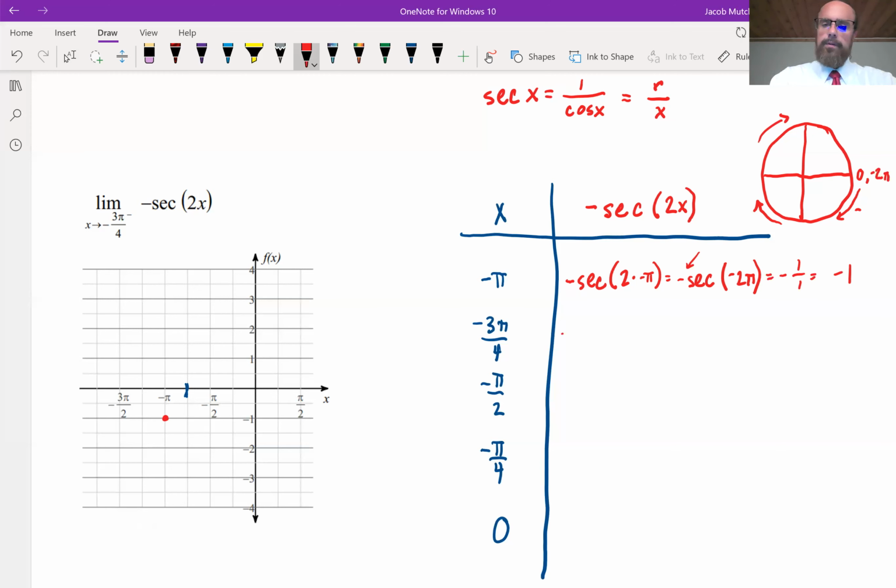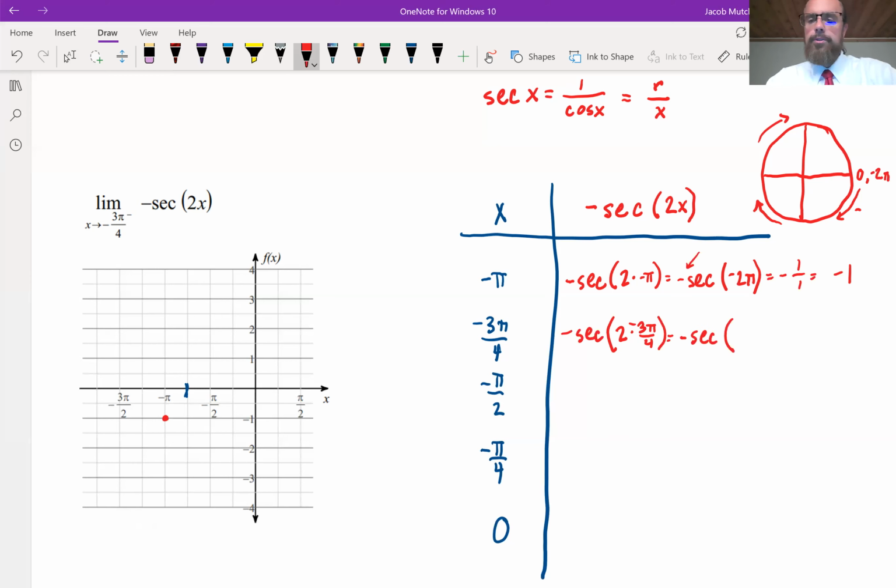Now let's calculate with negative 3 pi over 4. So negative secant of 2 times negative 3 pi over 4. Let's reduce that interior part. Again, that's negative, equals negative secant of the angle.